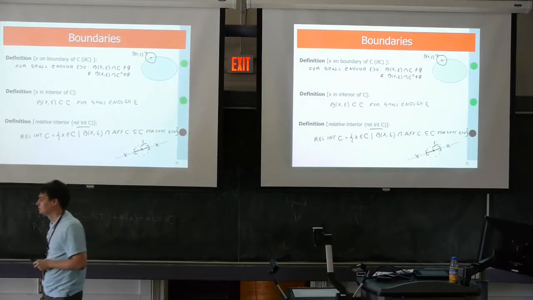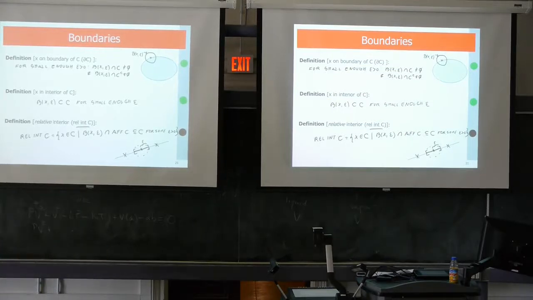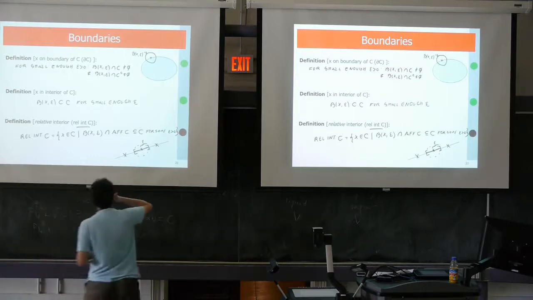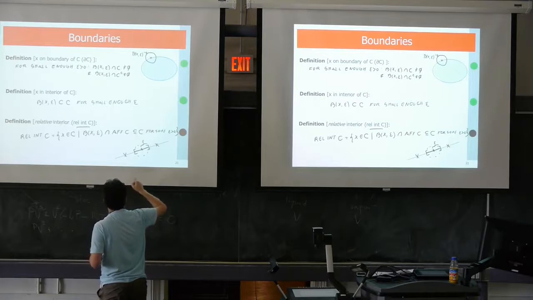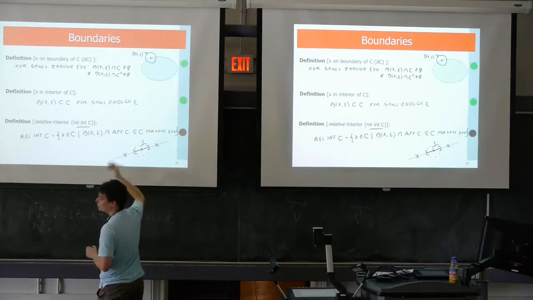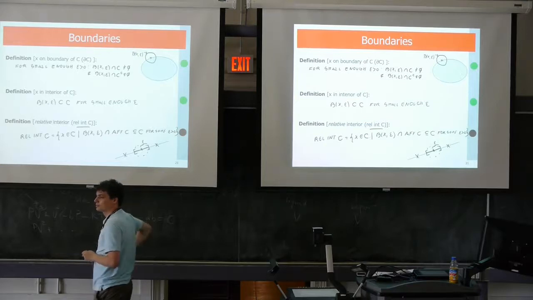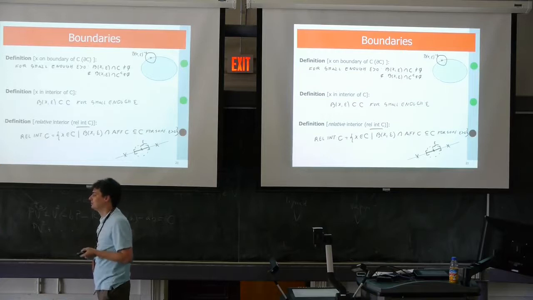Don't we also have to demand that the ball intersection with the affine hull of C is not empty? Did I miss that? Yeah, it shouldn't be empty. You're right. Because otherwise you can have an empty ball.